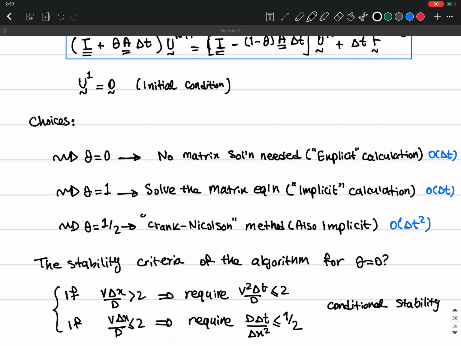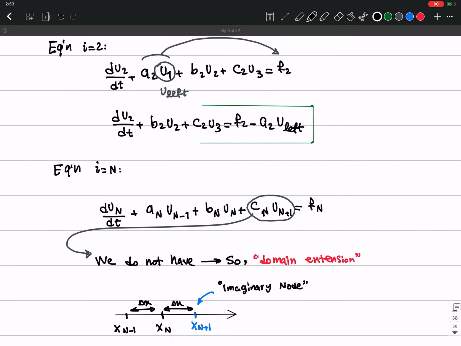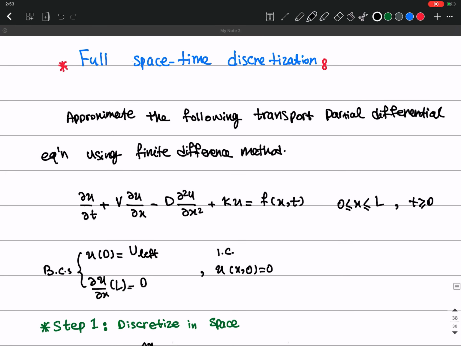Okay. So this was the example that wraps up the finite difference method. You see in a real problem where you have both time and space, how we can discretize both of them all together. This is a very general problem.